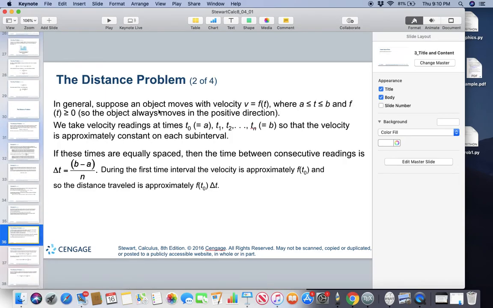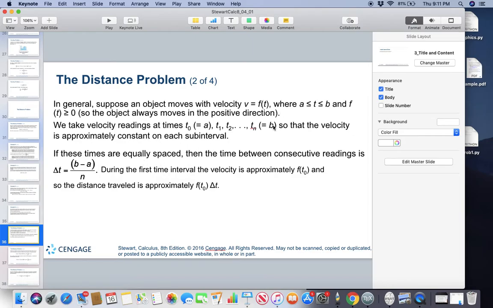So in general, suppose an object moves with velocity v from an interval a to b and f of t is greater than or equal to 0. Okay, so you are assuming your object is moving in the positive direction. We take velocity readings at time t0, that is the beginning time, then t1, t2, so on until the nth time tn, so that the velocity is approximately constant on each subinterval.